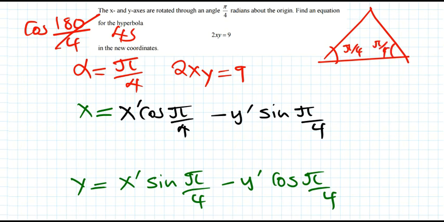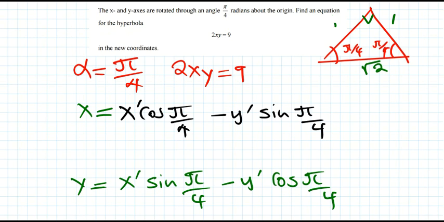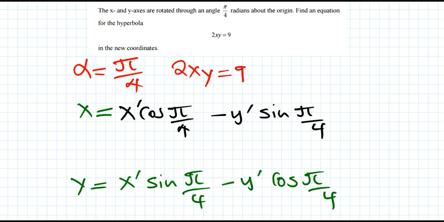Okay, and then we've got a 90 on top. We've got 1 there, and then the hypotenuse is root of 2. So if you use SOHCAHTOA for sine, opposite over hypotenuse, you're going to get 1 over root of 2, and for cosine as well, you get the same. So this is a case where we know that sine and cosine 45 are the same. So we can just substitute that.